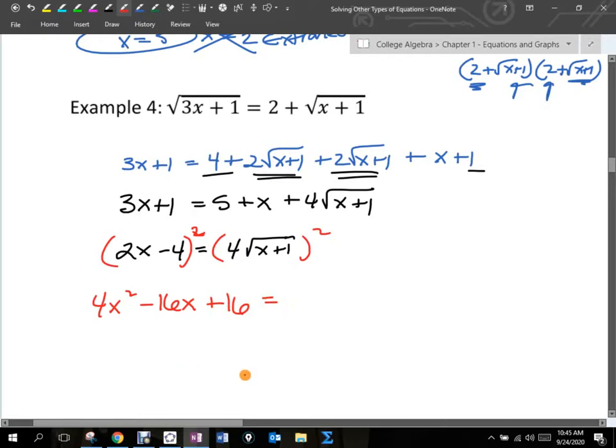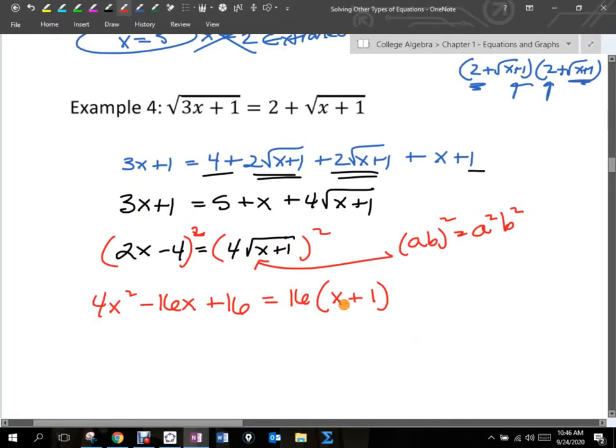The right-hand side gives me 16 times x plus 1, right? Does that make sense? Because this is kind of like an a times b squared concept. A being your 4, so you square that. B being your root x plus 1, so you square that, right? That's what I get.